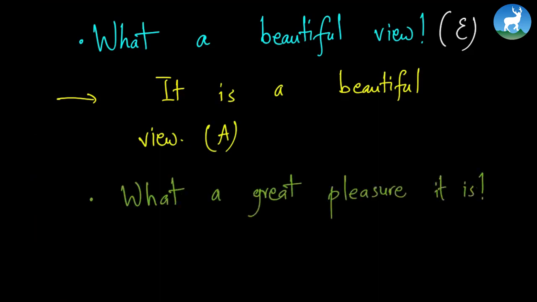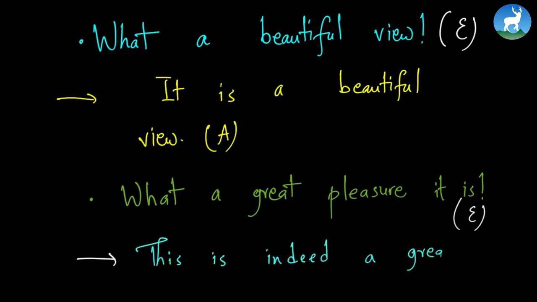So that is an exclamatory sentence. How can you change this into an assertive one? You would say, this is indeed a great pleasure. Now that is an assertive sentence. All right. So now we have learned how to change an exclamatory sentence into an assertive one.